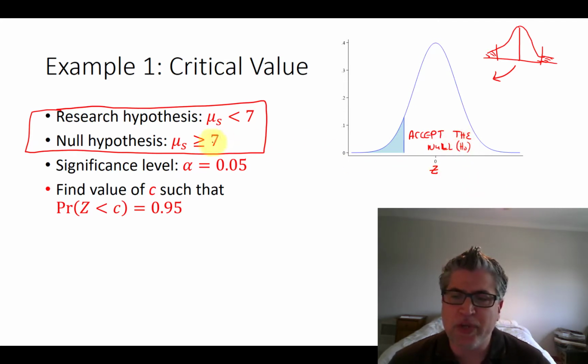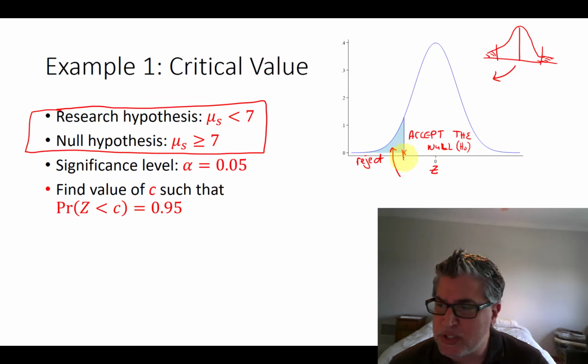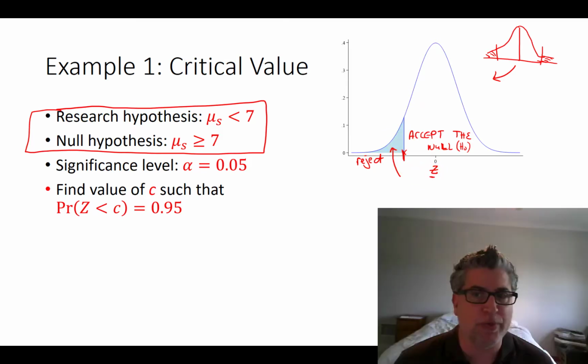And we would only reject this null hypothesis that average birth weight is less than 7 only if birth weights were significantly less than 7. And so what we need to do then is figure out, what do we mean by significantly less than? What is this particular value of z that gives us the appropriate rejection region?